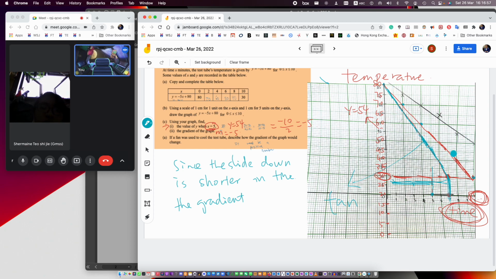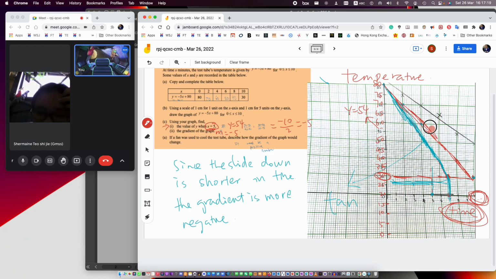This gradient and this gradient, which one has a bigger angle? So the gradient is more negative. Why? Because it's more dramatic than the original one.